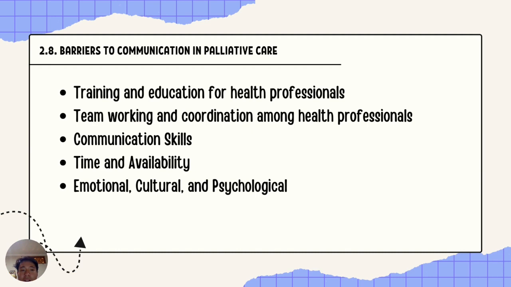The third is communication skills to continue building trust and enhance the overall quality of care in the palliative setting. Next is time and availability to allow patients to express concerns, ask questions, and share emotional responses. And the last one is emotional, cultural, and psychological factors, which are subjective based on the patient's culture.